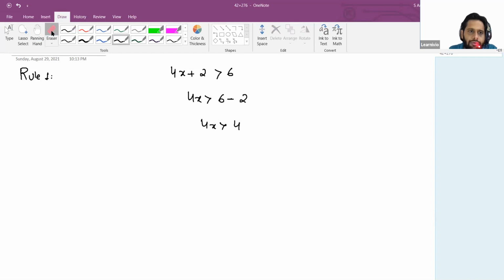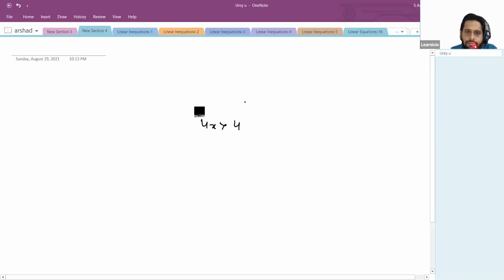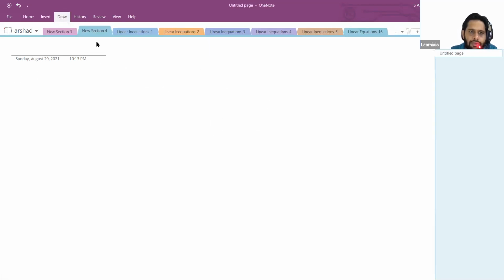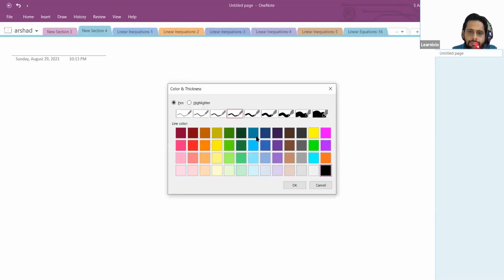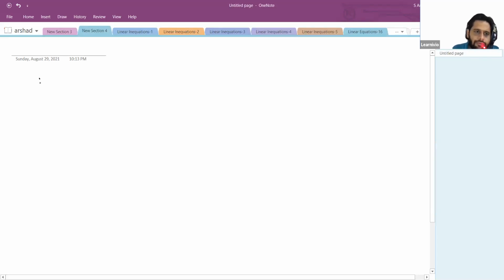Now we will try to do some questions. So for example, we have a first question. We need to solve this question. Then what we will do, we will shift this 2 to the right side. So this will give us 6 minus 2.